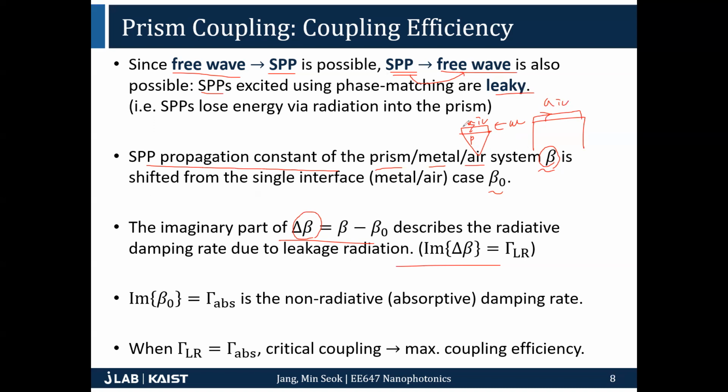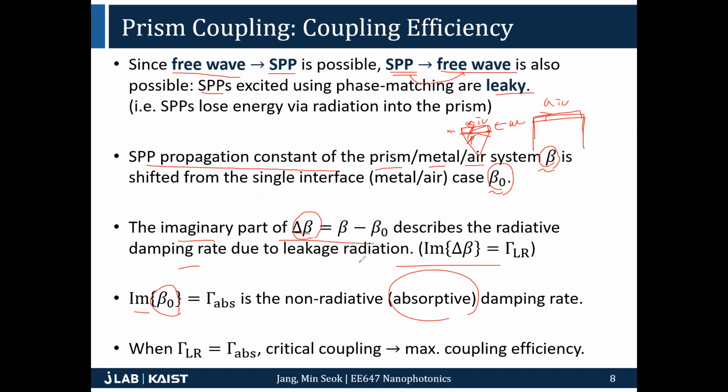Because in this case, the metal is thin, so that before it completely dies out, it meets the prism. So the conditions are a little bit different, so that the propagation constants of these two cases are different. The imaginary part of this difference defines the damping rate of leakage radiation. And the imaginary part of the original plasmon defines the non-radiative or absorptive decay rate.